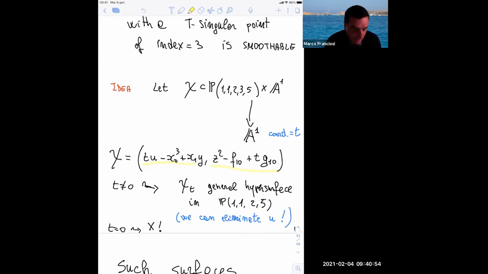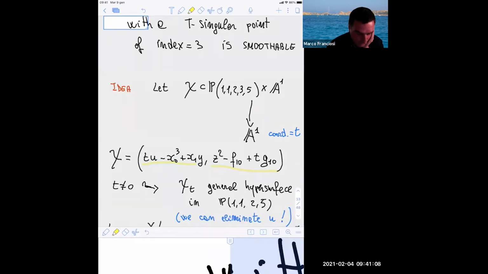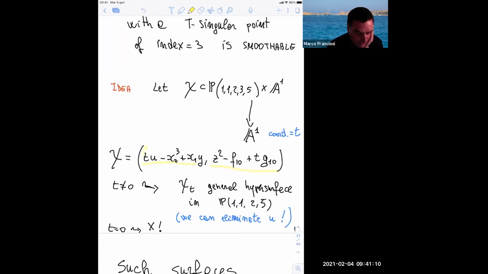And in this way, we have that for t different from 0, we get X_t a general hypersurface in P(1,1,2,5). We can eliminate u, so we can eliminate the first equation. If t is equal to 0, we get our original X. So this is why we got this smoothing.